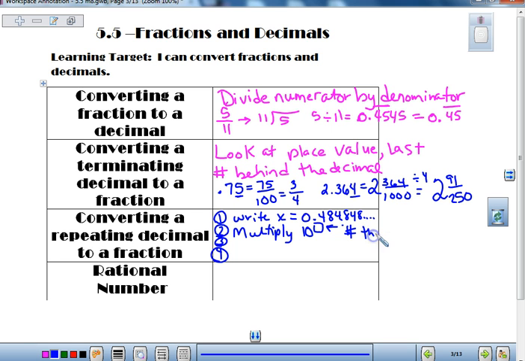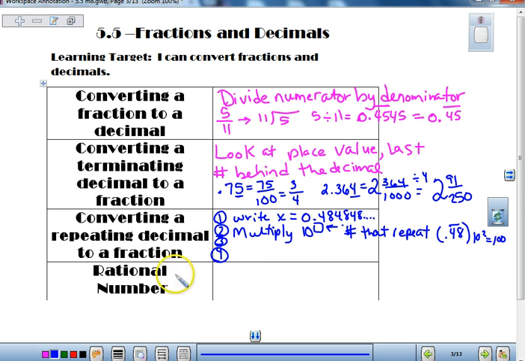When I talk about the numbers that repeat, in this case, it's 48. So we would want to multiply by 10 to the second. Now remember, 10 to the second isn't 20, but 100. So in this case, since it's 0.48 repeating, we would go with 10 to the second, which actually equals 100.